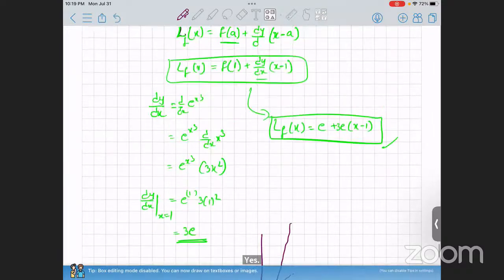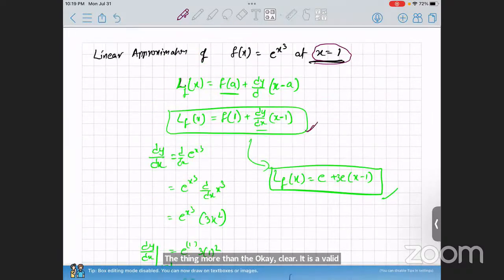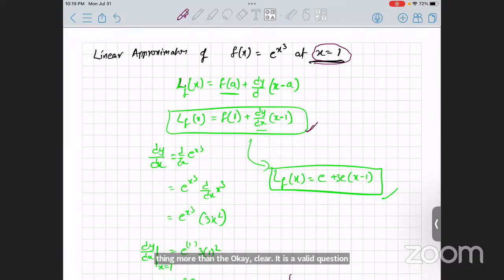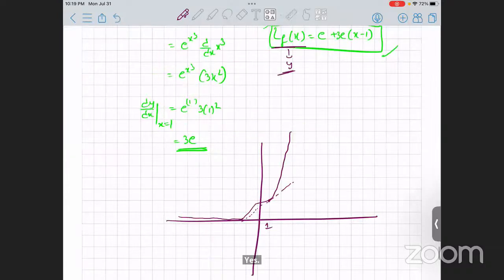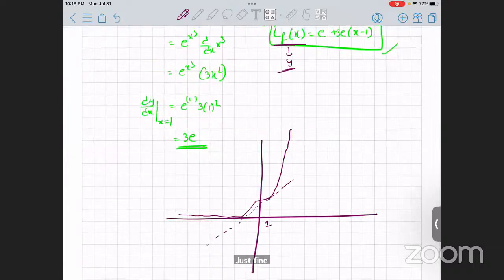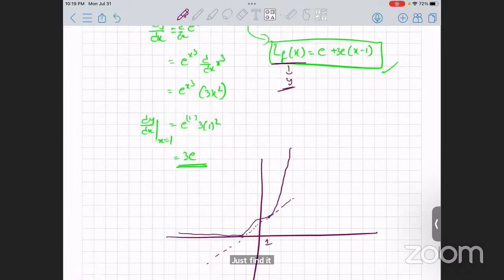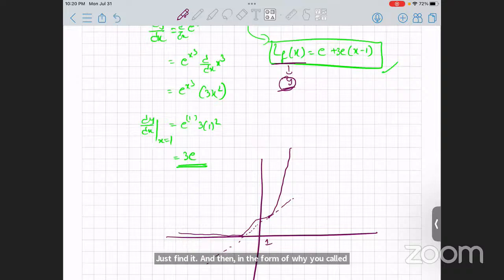It is a tangent equation. We are just finding the value of y. Basically, you are finding the equation of the tangent, in the form of y equal to. Did you get this point? Yes, sir.